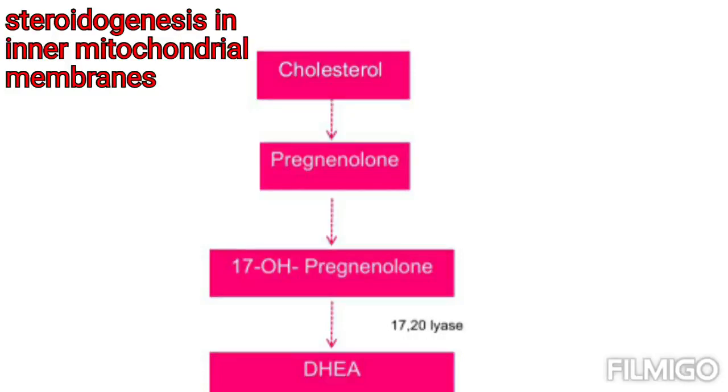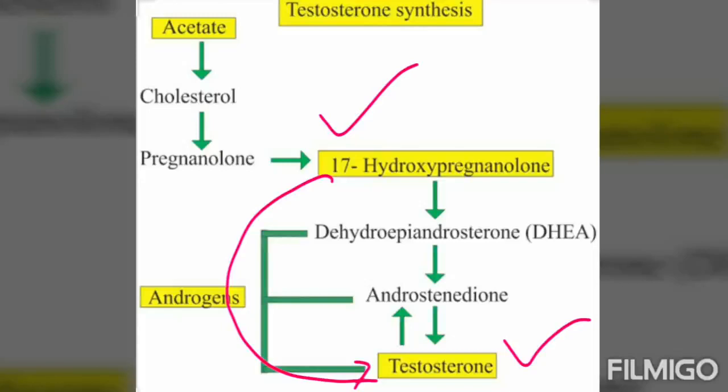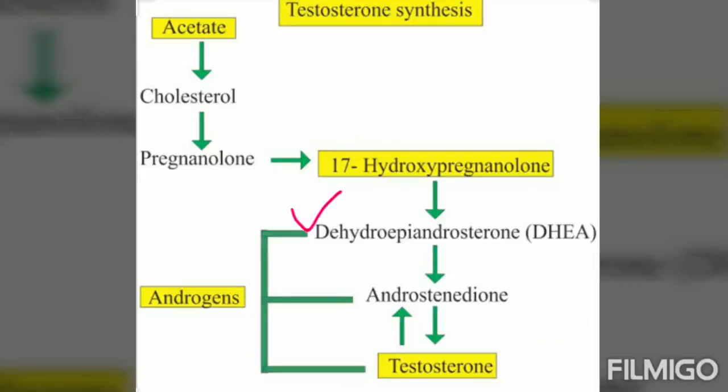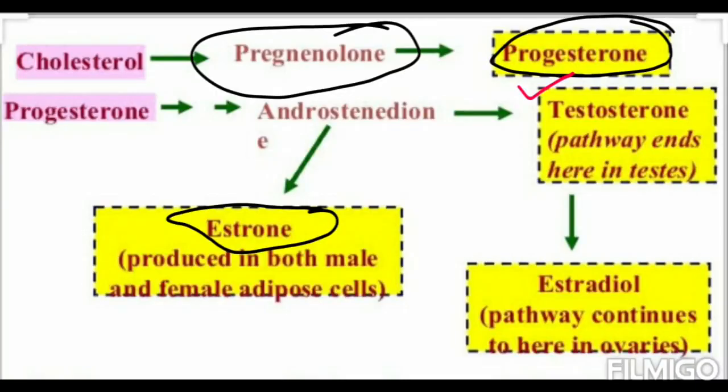Pregnenolone also gets converted to testosterone via the intermediate 17-alpha hydroxypregnenolone. Dehydroepiandrosterone and 4-androstenedione are also formed in this process. In the alternative pathway, testosterone is produced with intermediates including pregnenolone, progesterone and 17-alpha hydroxyprogesterone.